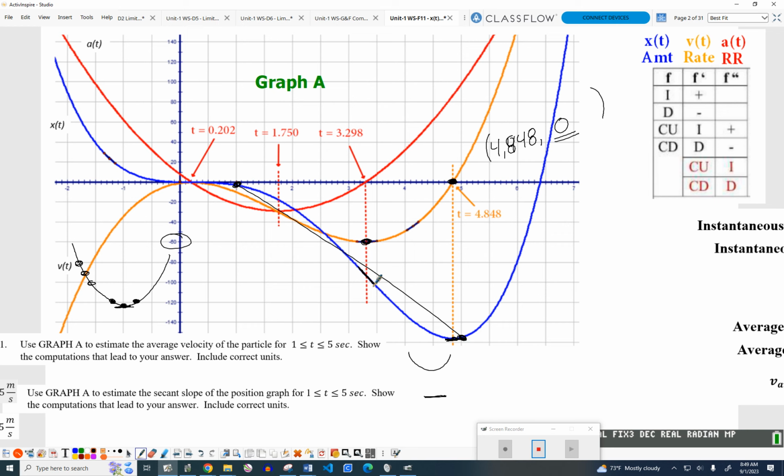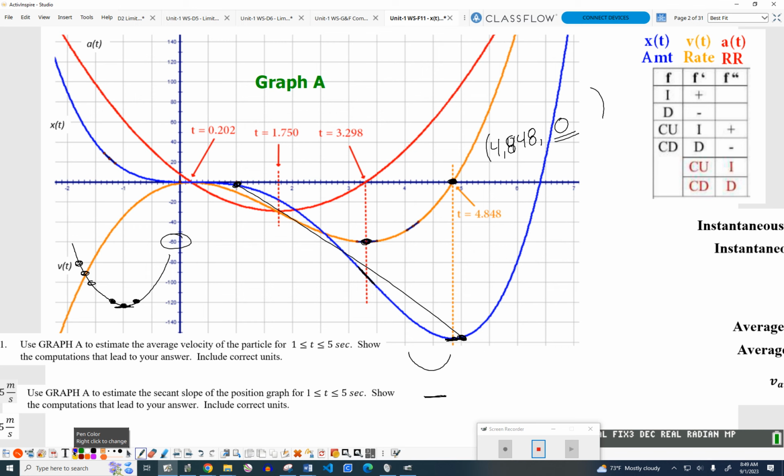Is that the same with the velocity graph and acceleration? Absolutely. Same idea again. Once you've learned one idea, you don't have to relearn it. You just reapply it. I was wondering why on the velocity graph, if it's at 0, it's still accelerating. Yep, so right here, this dot is telling you the velocity is 0.